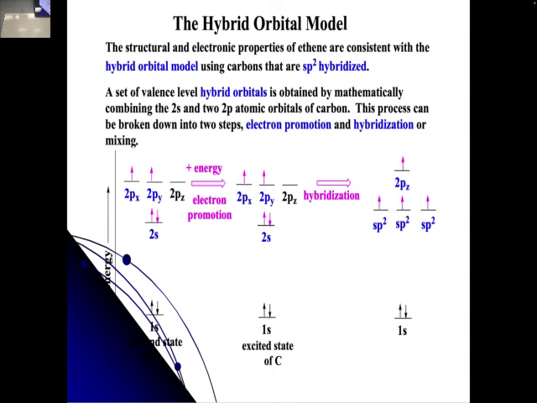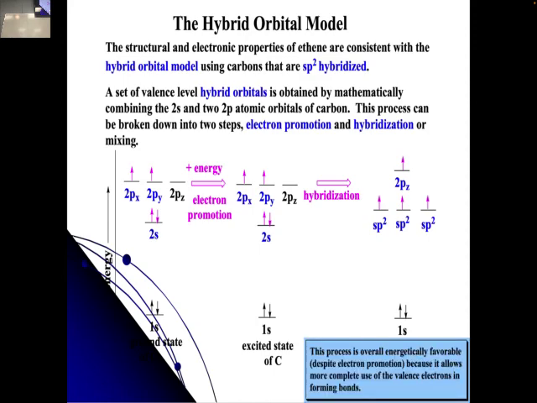In ethene, you get 3 sp2 orbitals, and then the 2pz orbital is left unhybridized. We call those sp2 orbitals. Don't freak out about this. We'll go through this in more detail when we get to alkenes. But it's why you have the double bond. This electron here is why you have the double bond.